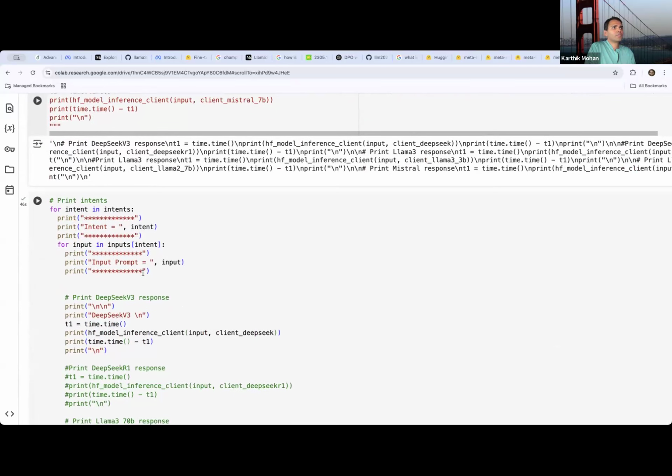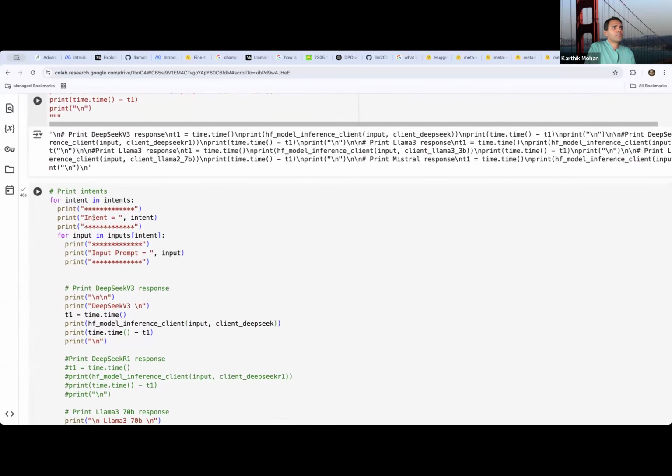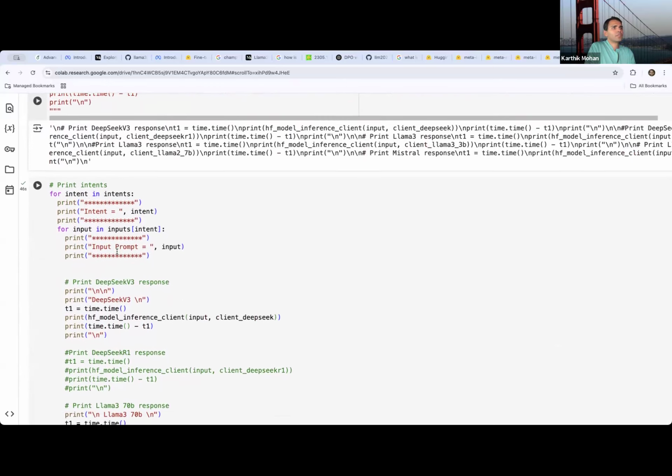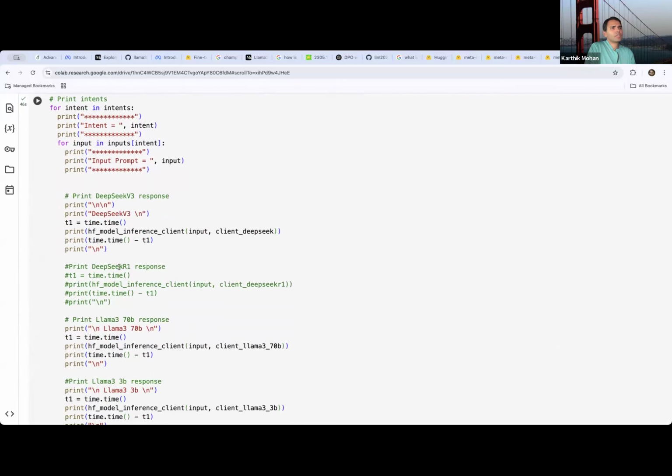And then now we just go through all the intents that we have and all the inputs within each intent, and we look at different models. So DeepSeek R1 does consume a lot of inference credits. If you're going to test this out, know that your inference credit will expire very quickly because DeepSeek R1 is the reasoning version of DeepSeek, which produces a lot of output tokens.